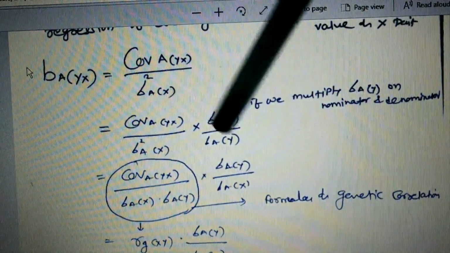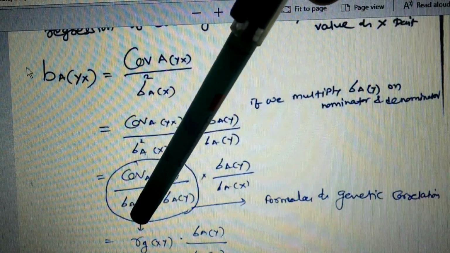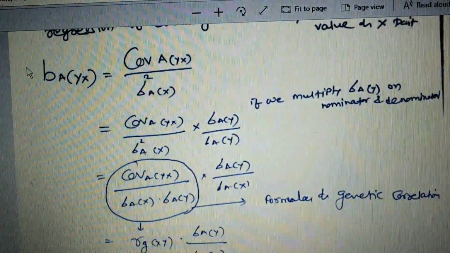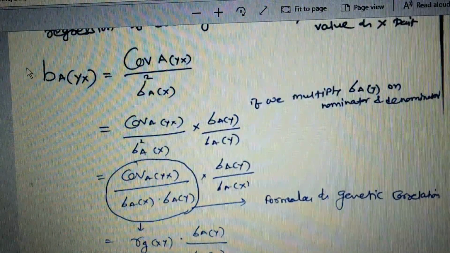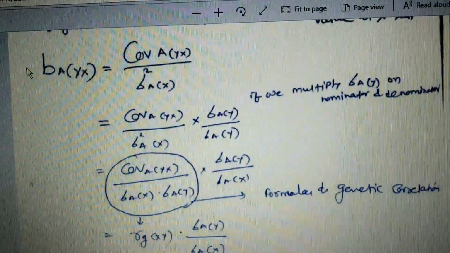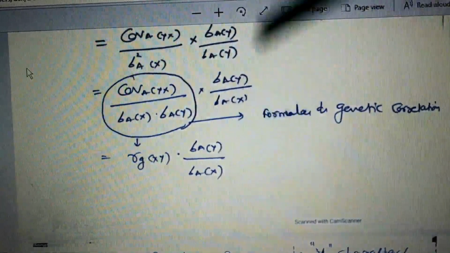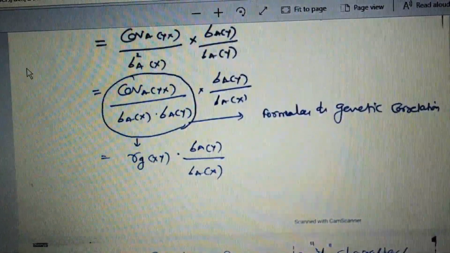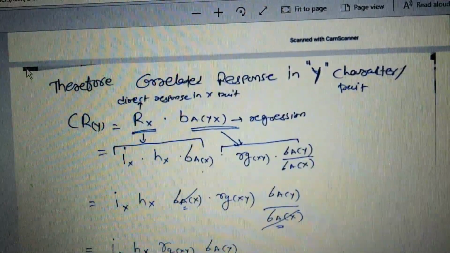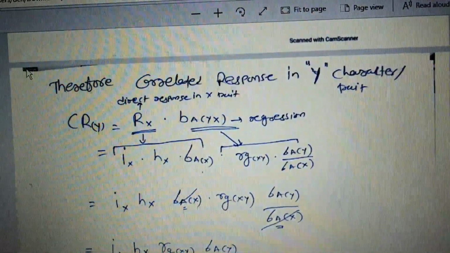So this portion becomes the correlation, that is rG, the genetic correlation between the X and Y traits, times the deviation of the breeding value for the Y trait divided by the deviation of the breeding value for the X trait.